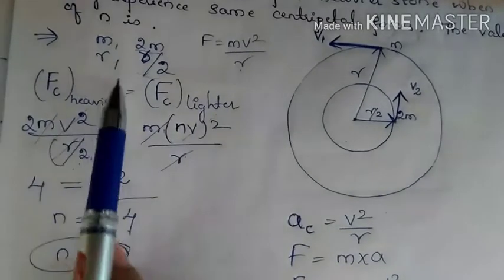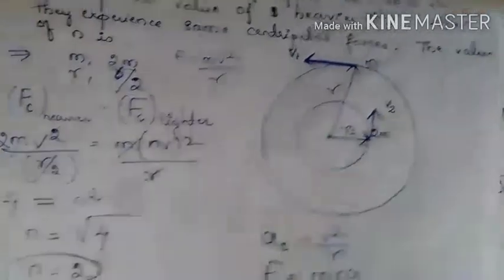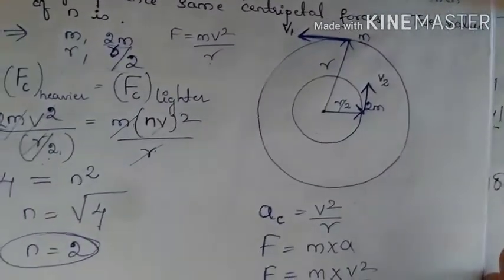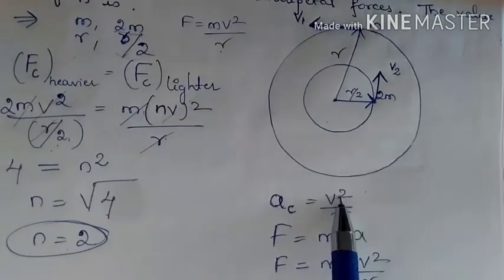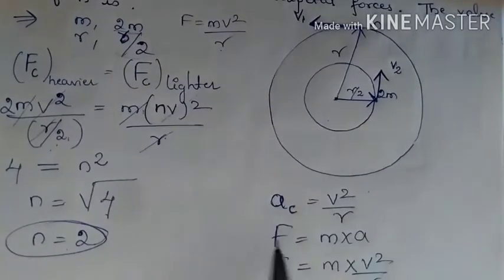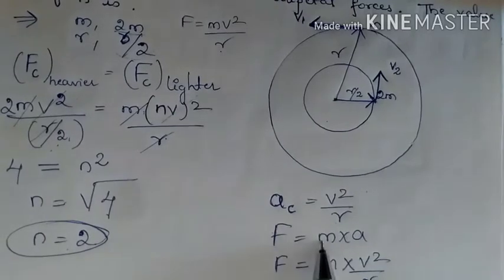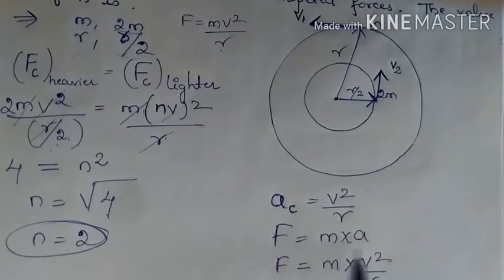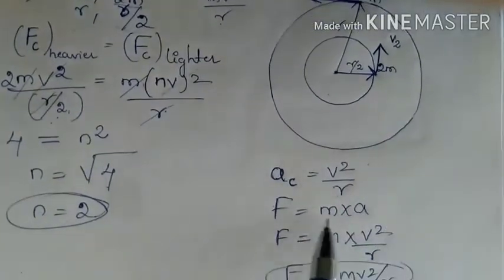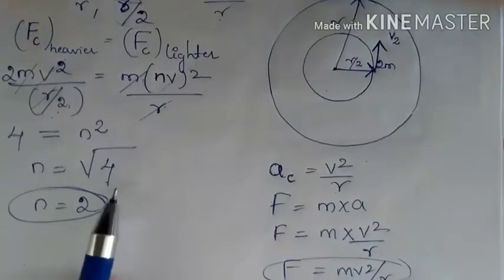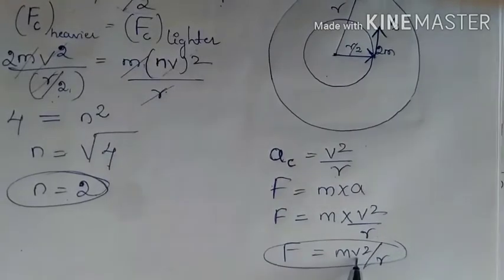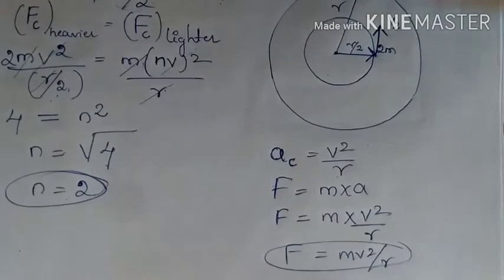Now how did I write this equation? We know the centripetal acceleration ac is equal to v square by r. The equation for force is mass into acceleration, so F is equal to mv square by r.